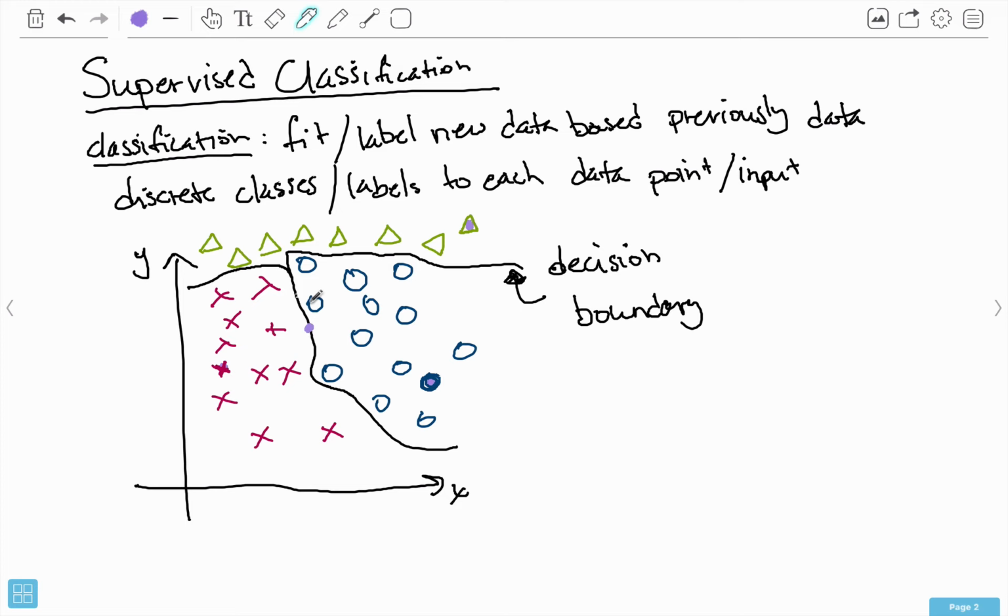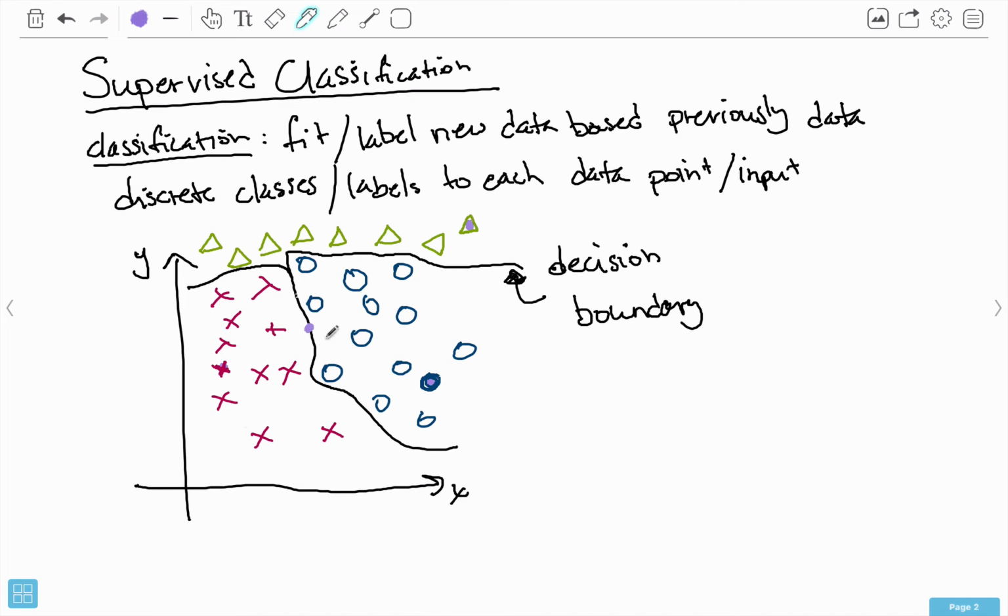So we want to fit or label some new input based on what we have already seen before. I gave this example of red X's, green triangles, and blue circles: given a new point, how would you figure out which of these categories it belongs to? And we use these things called decision boundaries to try to figure that out.